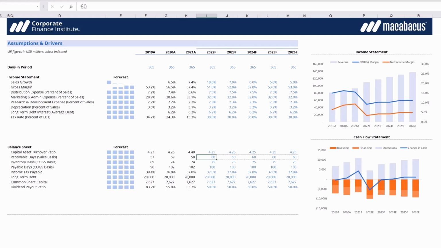So if our base case assumption was 60 days, what would happen, and I want you to watch the cash flow statement here, if the average receivable days was dragged out now to 70 days? And you see a big drop off in cash flow from operations. That may carry forward into subsequent years, and perhaps they recover a little bit, let's say 68, 66, maybe 64.